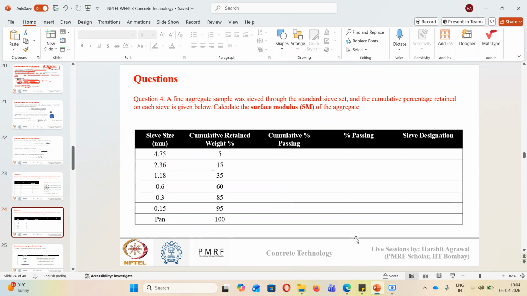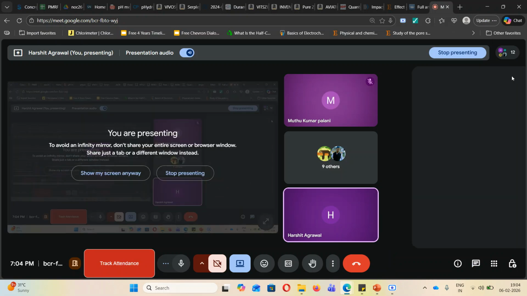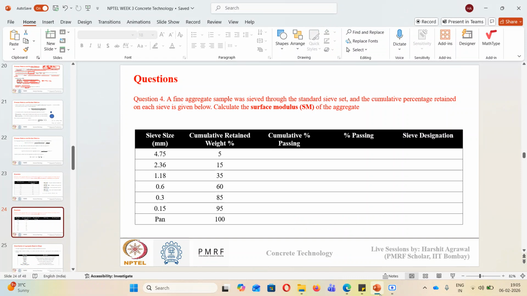So can anyone tell me how surface modulus you will calculate? Just remember this equation.